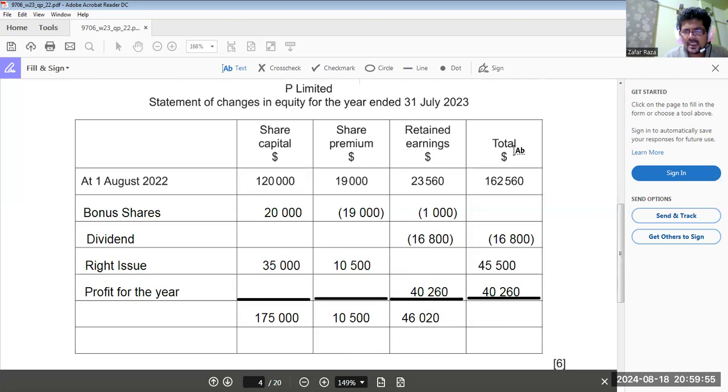Now get the totals from here. 162,560 minus 16,800 plus 45,500 plus 40,260. 231,520.